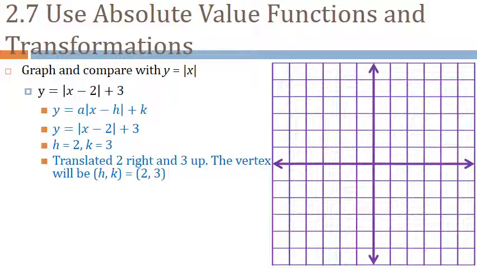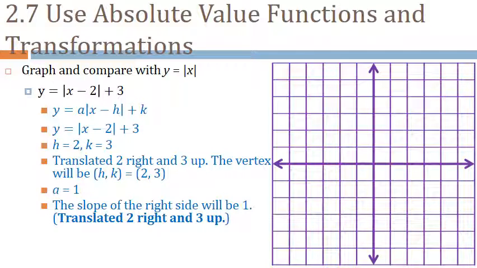So that means the vertex is 2, 3. We're translated 2 to the right and 3 up. The a is 1. That means the slope of the right side is still 1. It has no stretch or shrink, so the slope stays 1. So overall, comparing with y equals the absolute value of x, it's translated 2 to the right and 3 up.